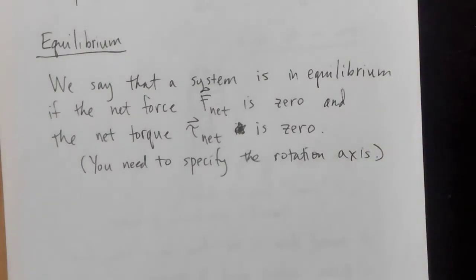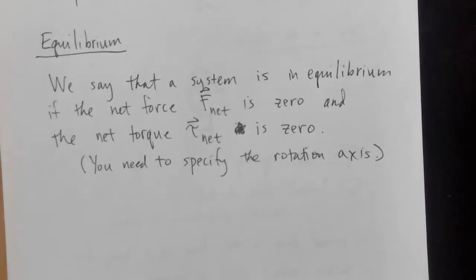Now, I'm not going to go into detail of proving the statement, but if you know that the net torque is zero about one rotation axis, let's say here, and you know the net force is zero, you can show that the net torque about another rotation axis, let's say over here, is also zero, and a rotation axis over here would also be zero. So if you can show that the net force is zero, and the net torque about some particular rotation axis is zero, it's true for all of them.